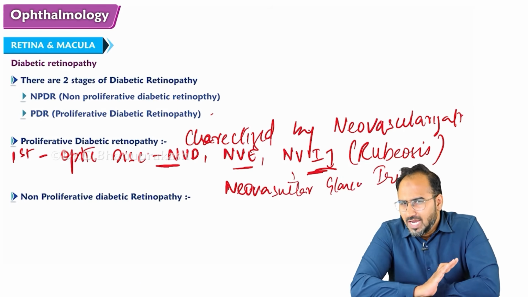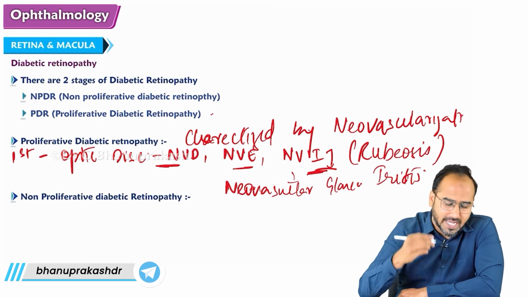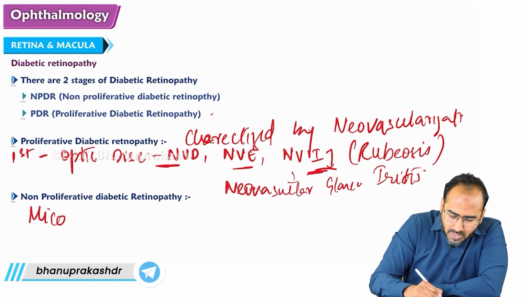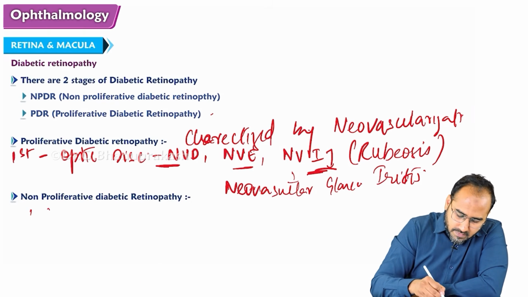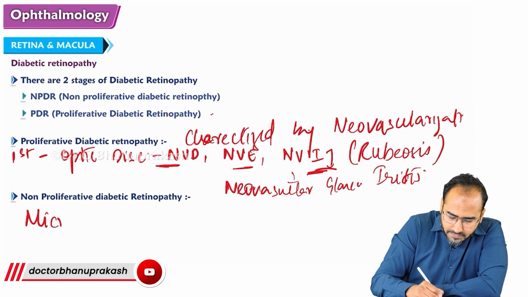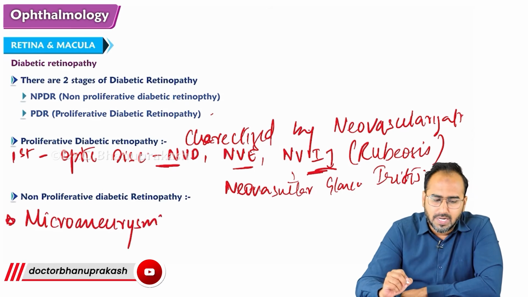Coming to the next, which is called non-proliferative. Non-proliferative meaning what? It is not proliferating, it is just staying in one part. So it is characterized by what? Non-proliferative is characterized by microaneurysm.